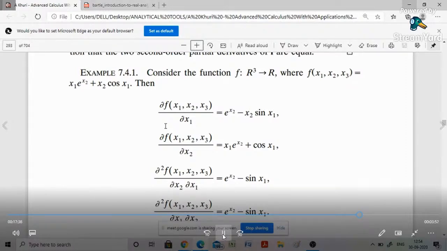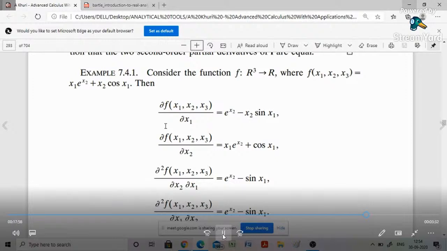∂f(x1, x2, x3)/∂x1 equals e^(x2) minus x2 sin x1, because the derivative of cos is minus sine. Second is ∂f/∂x2, with respect to x2.